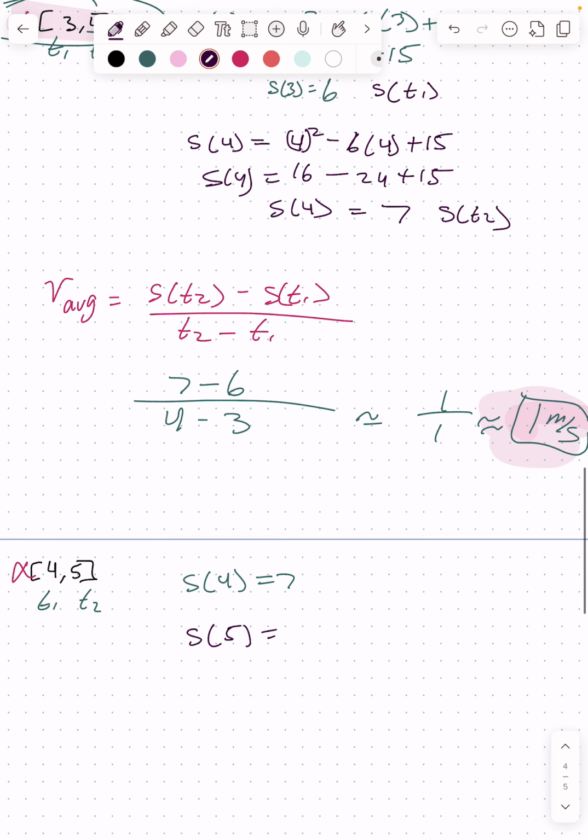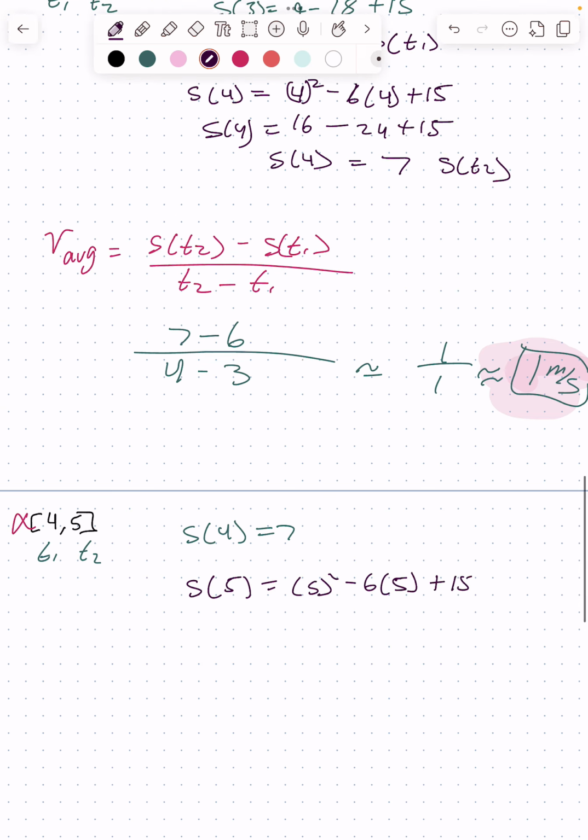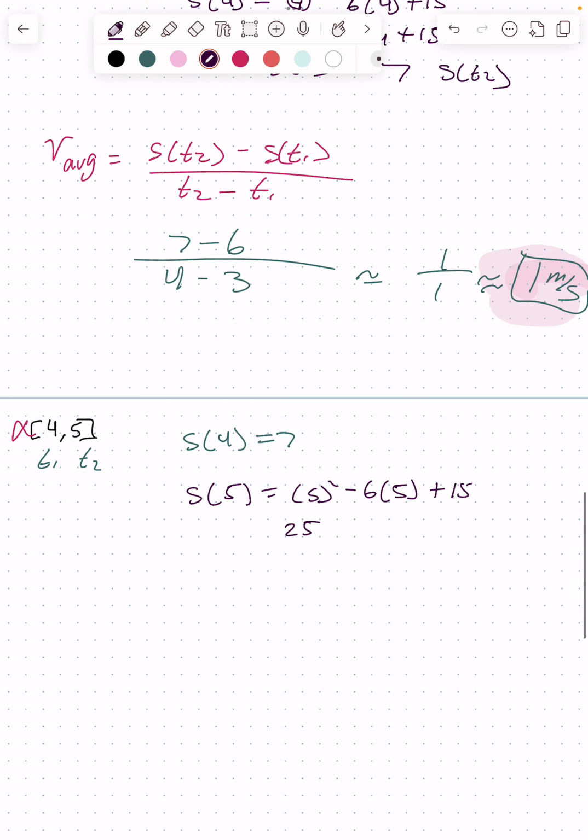Again, we're just going to plug it into the exact function, the original function that is. 5 squared minus 6 times 5 plus 15. We get 25 minus 30 is negative 5, plus 15. So S of 5 is what? 10. Okay.